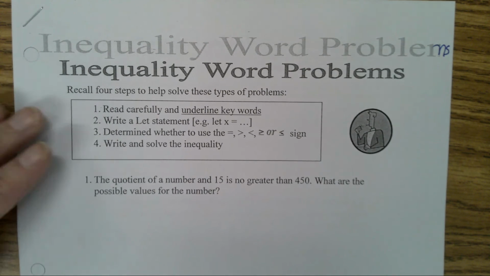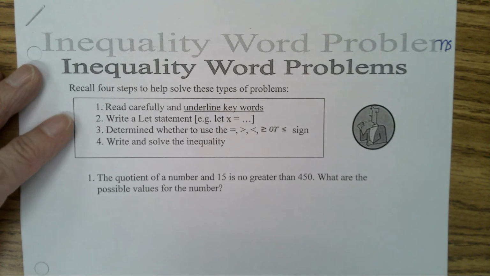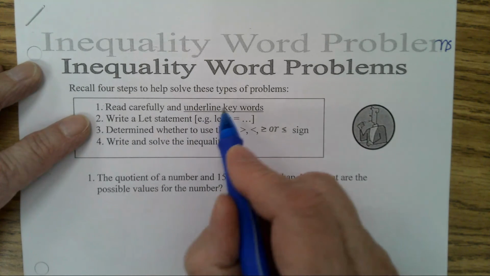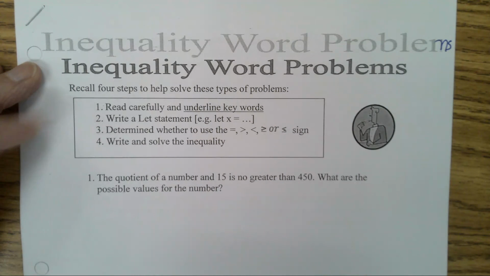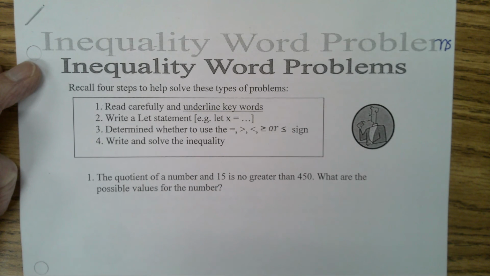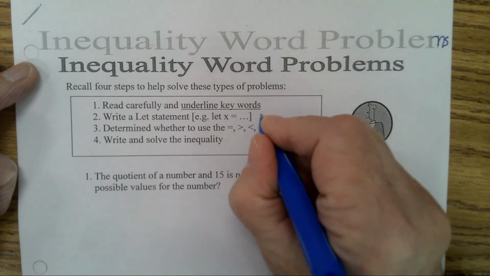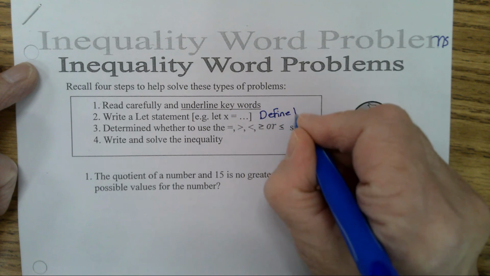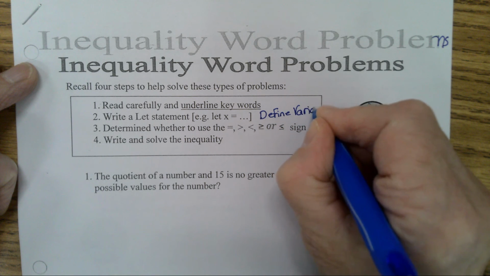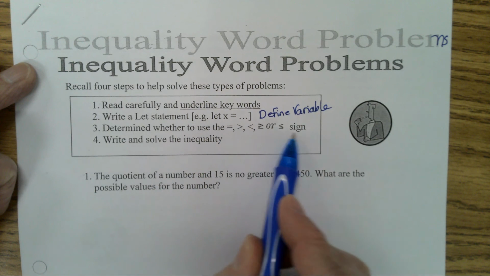So, here are the 4 steps to help you solve these types of problems. 1, read carefully and underline key words. 2, write a let statement. Let X equal something. I refer to that as define the variable. 3, determine whether to use these signs.